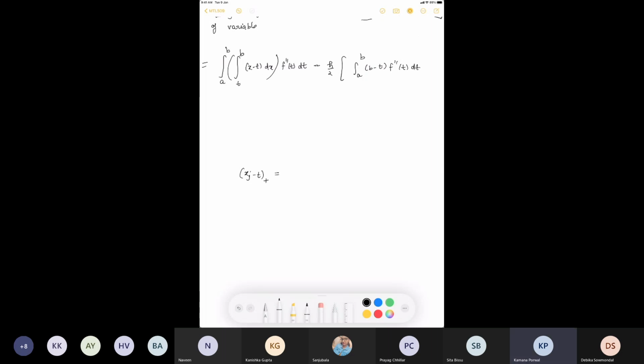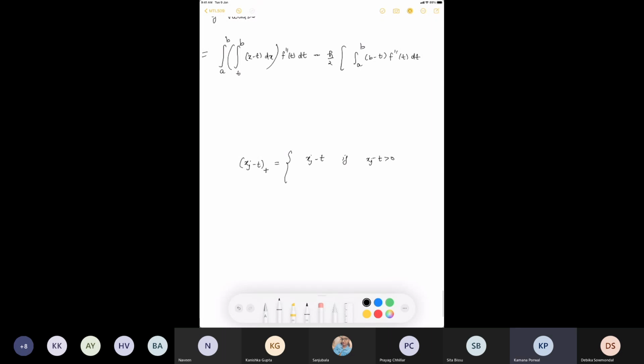If not, let me define how it works. This function takes the value xj minus t itself if xj minus t is positive, and it takes the value 0 if xj minus t is less than or equal to 0.